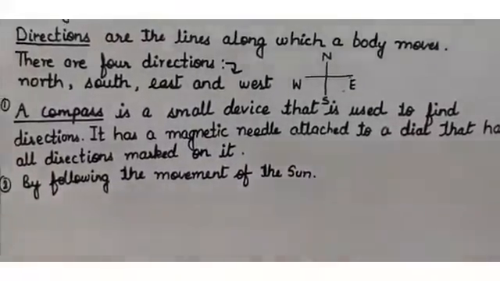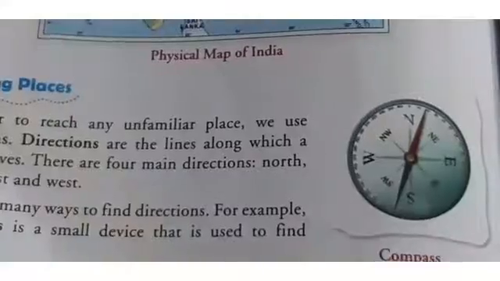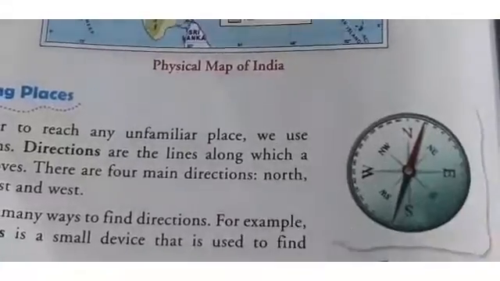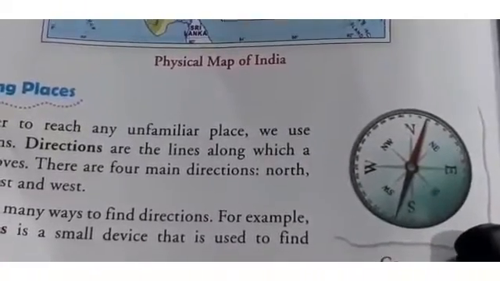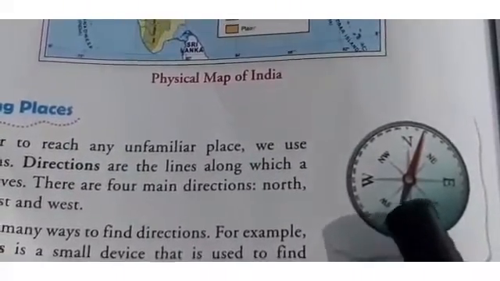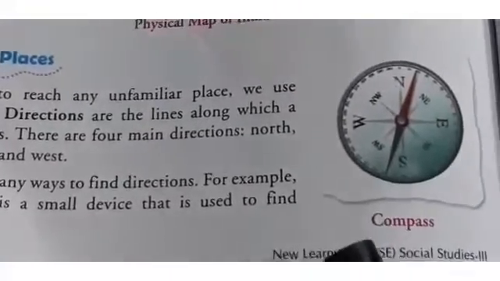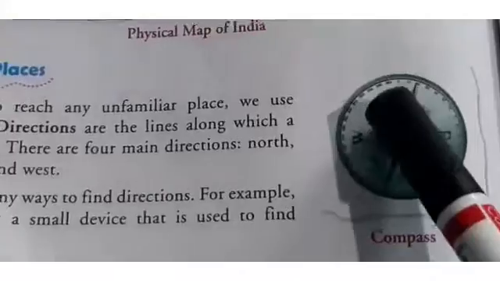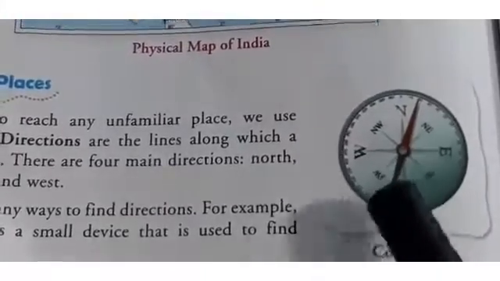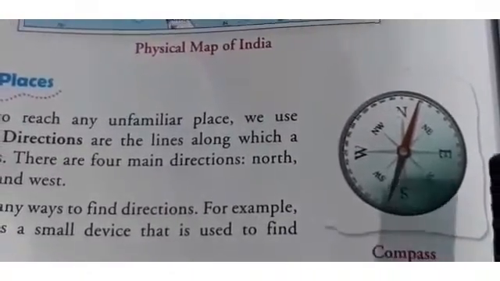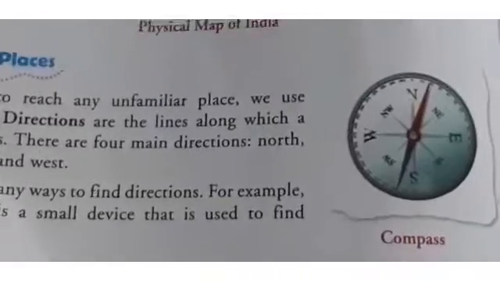Now there are a few sub-directions also. Look at this picture. This is the picture of a compass. As I told you, it has a magnetic needle. This has a magnetic needle and this is attached to a dial.